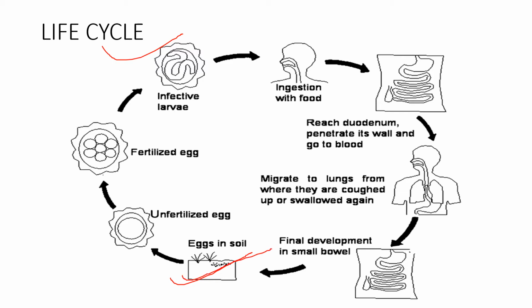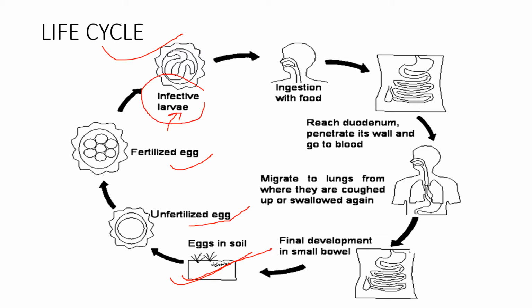So now the egg is present in the soil, in the form of an unfertilized egg. After a few weeks, they become a fertilized egg with an infective larva. So now they are ready.